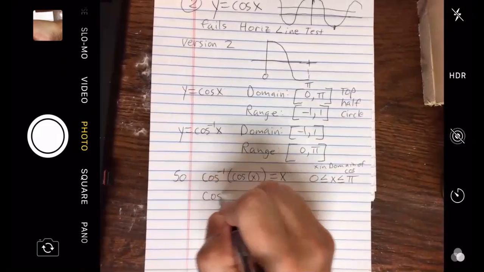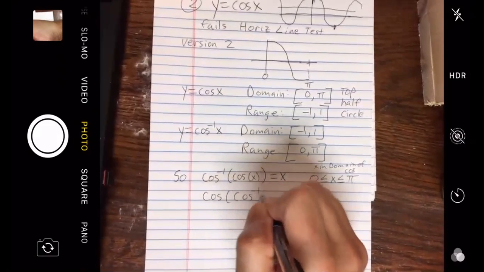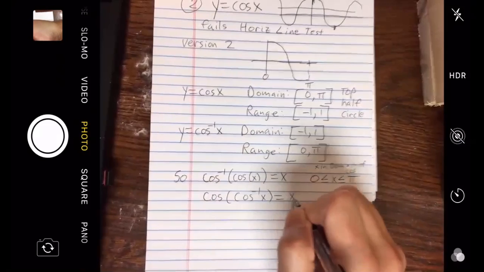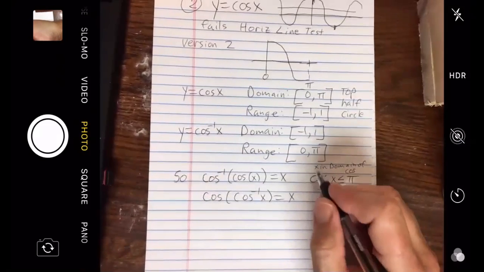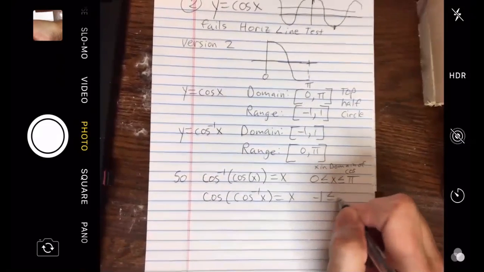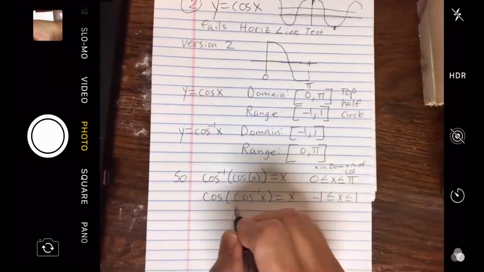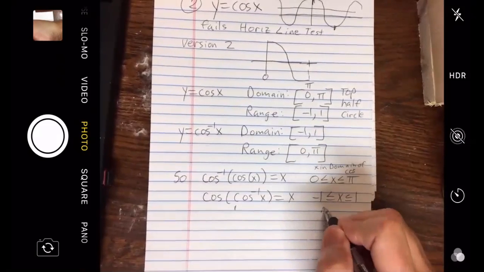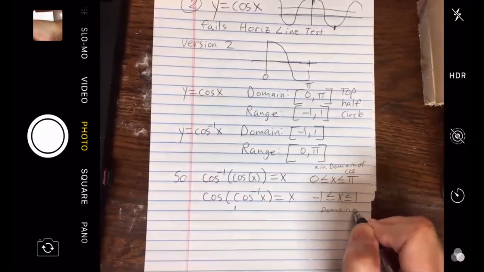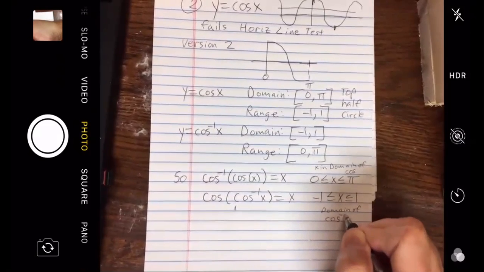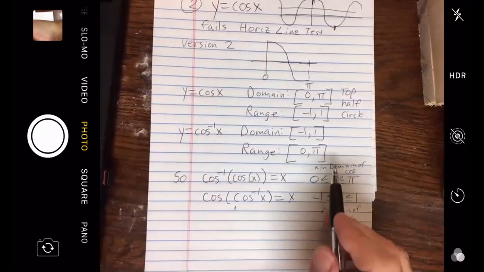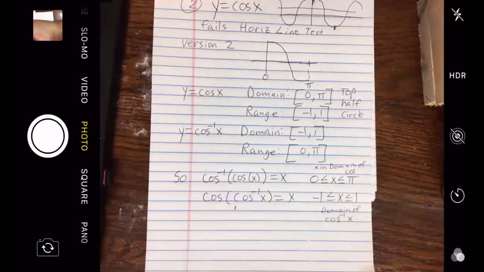And cosine of arc cosine x equals x in a domain -1 less than or equal to x less than or equal to 1, domain of arc cosine. All right, we'll show you in the homework where you have to pay attention to this. Like I said, it gets very technical.